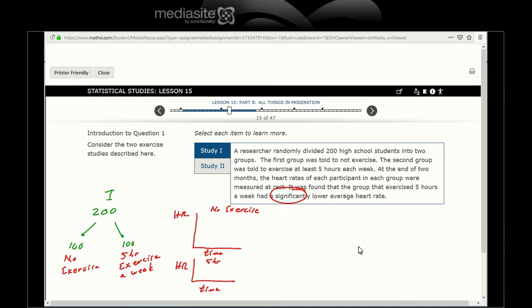And I'm just making stuff up here, but if you don't exercise, you would basically expect the heart rate as you measure over time to be constant. And it looks like they're going to claim that there was some decrease in heart rate over time, specifically 2 months. At 2 months' time, there was a significant lowering of average heart rate.